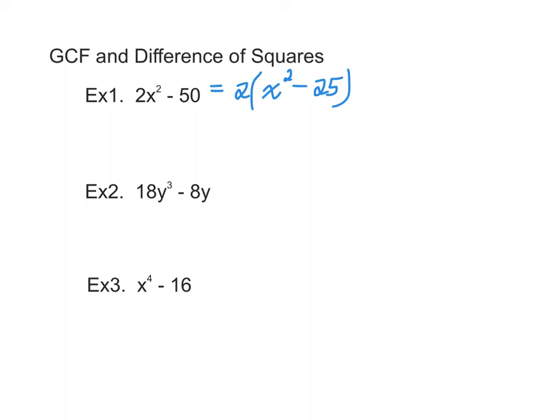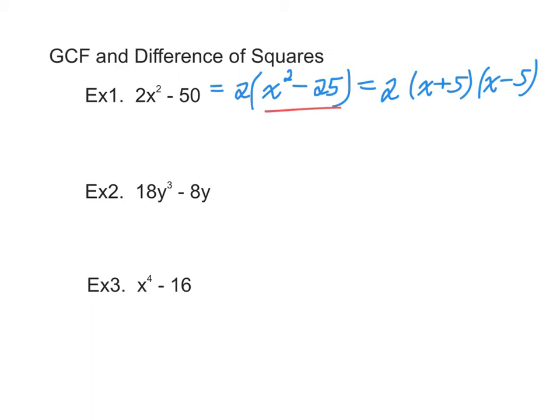This new thing here is a difference of squares. In fact, it's an a equal to x and b equal to 5. We can continue to factor, just leaving that 2 to carry along, as a plus b, a minus b. Again, that 2 carries through the whole time, but the complete factorization will have the 2 and the difference of squares in it.